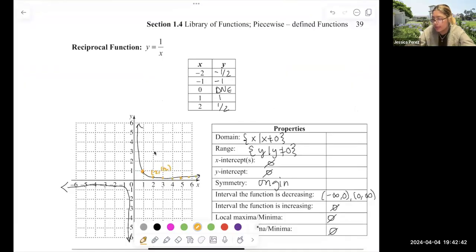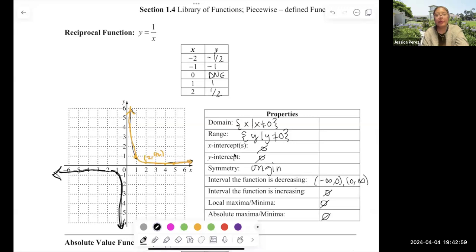Notice this is going to go to 0. It wants to go to 0. So you have this behavior. Now -1, -1, and it looks like this. So the domain is everything but 0. So x such that x cannot equal 0. Or you could say this, from -infinity to 0, union from 0 to infinity.